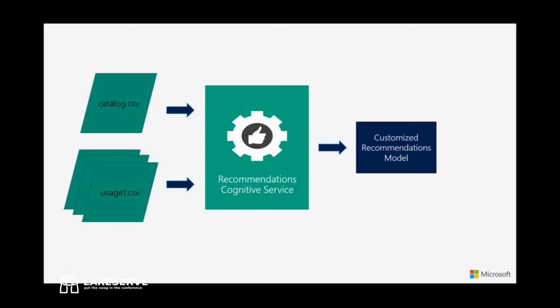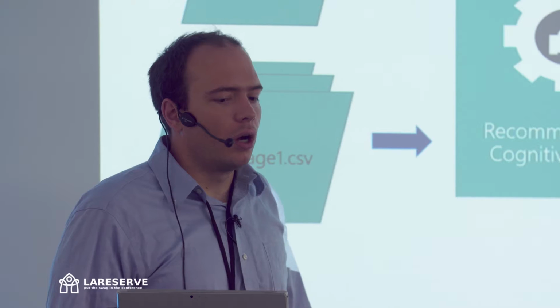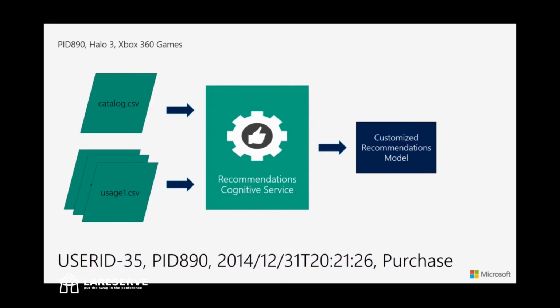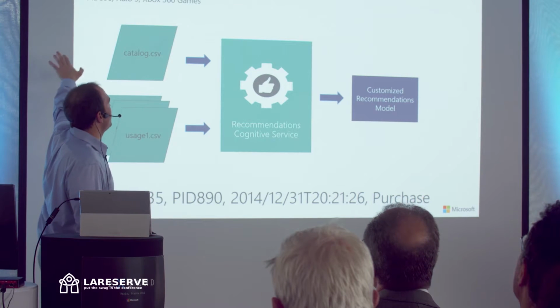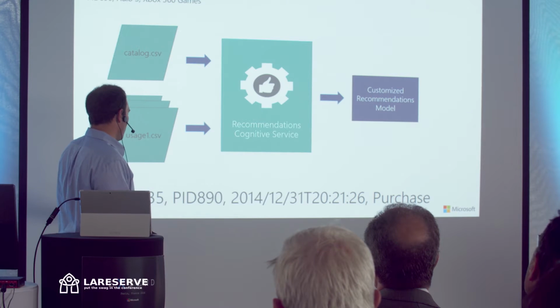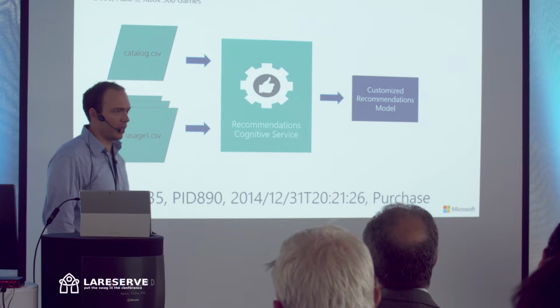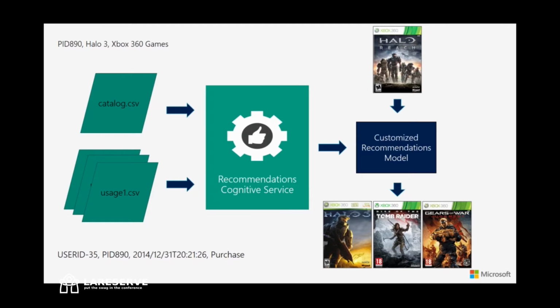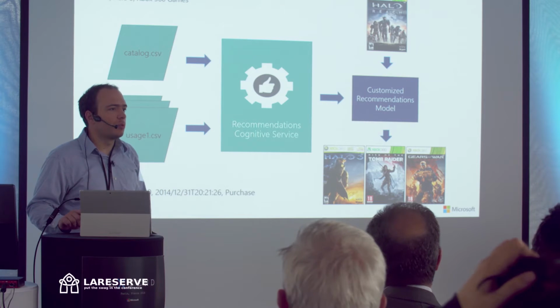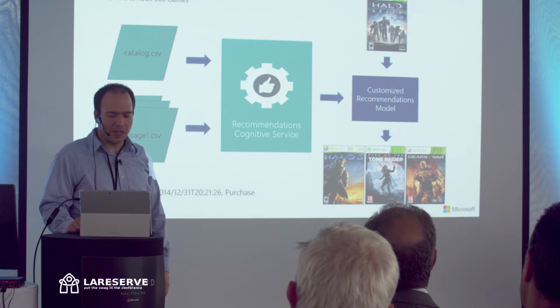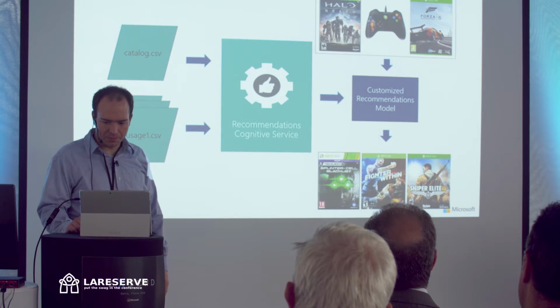Those are the two different ways of making recommendations, and both are supported in the recommendations API. In this case, we have examples of a single observation of an item in the catalog, and then an interaction between a user and an item in the catalog. From that, we can make recommendations for similar games or alternative games in this Xbox 360 scenario.